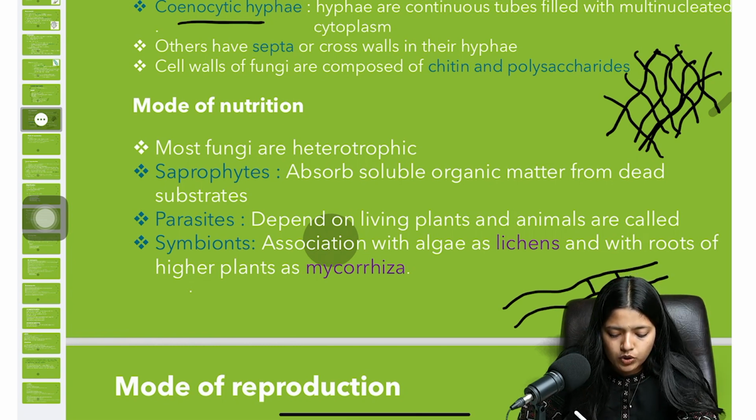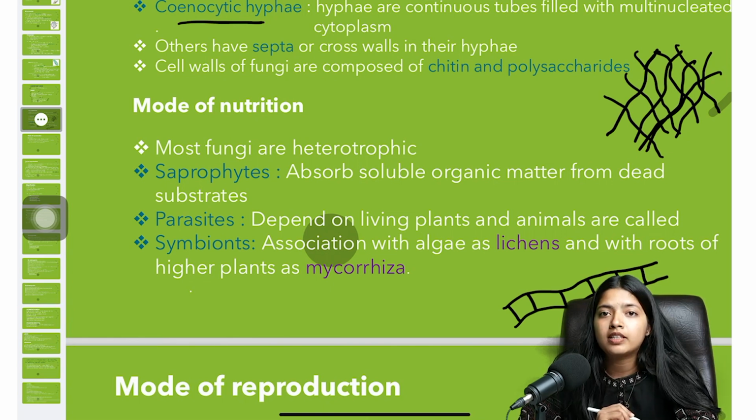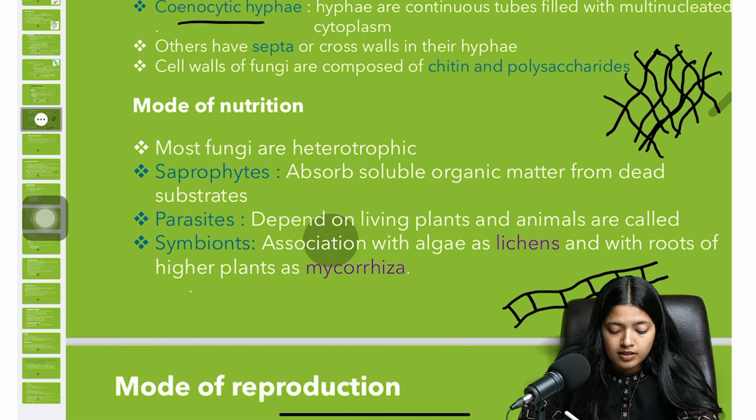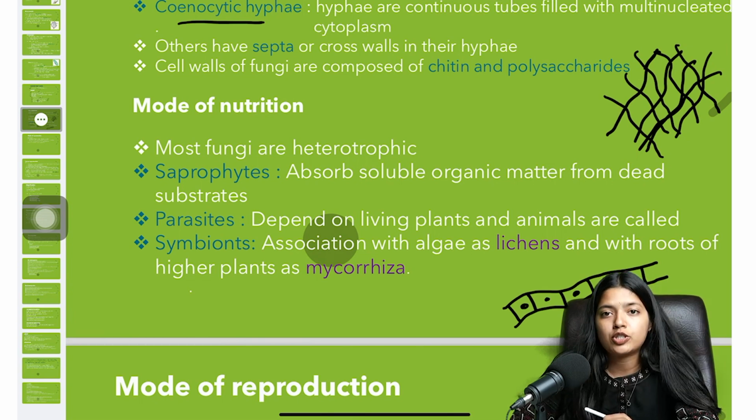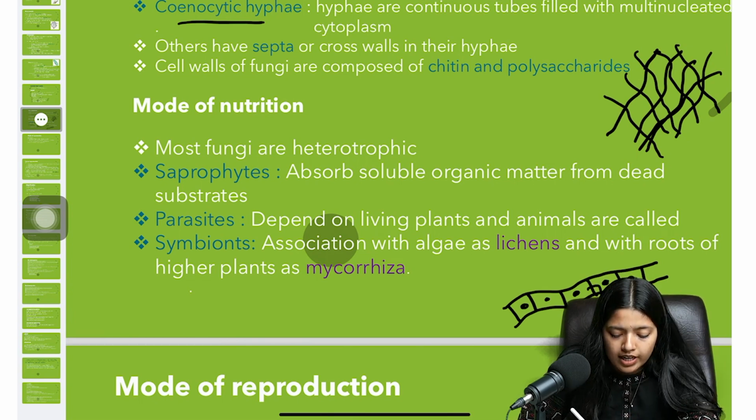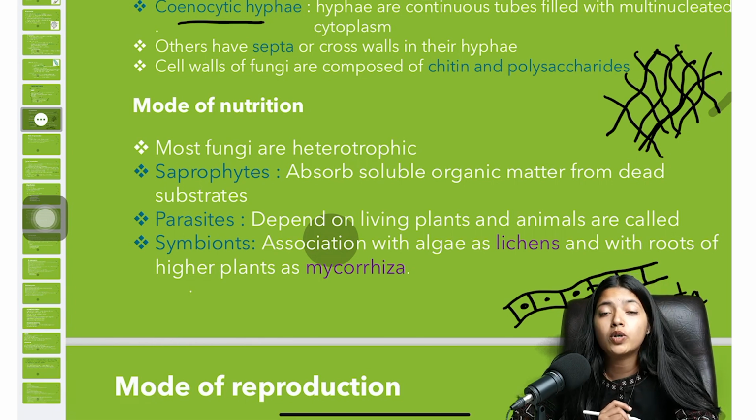Sometimes there are cross walls, some bridge or structure formed in the hypha, to separate the nucleus and cytoplasm. These cross walls are known as septa. So the cross walls seen in hyphae are called septa.